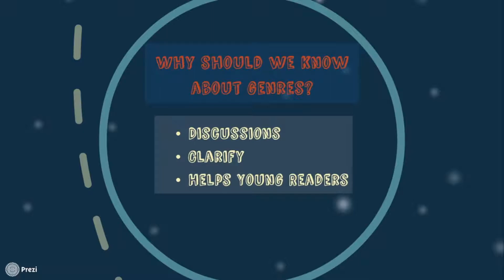First, it helps with organizing discussions in children's literature, which can tap into their critical thinking skills. It clarifies the ways literary elements such as character, setting, and theme function differently in different genres. Knowing different genres can help readers understand how these elements function.